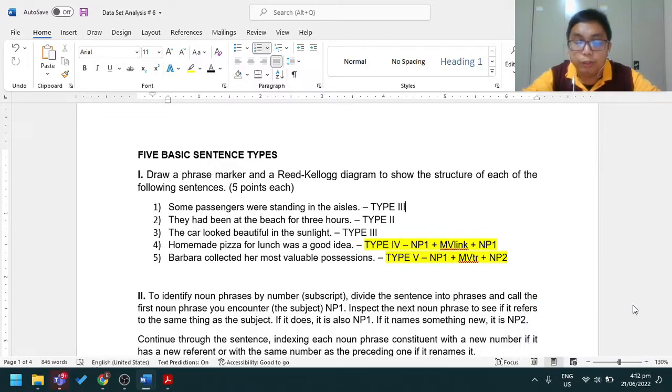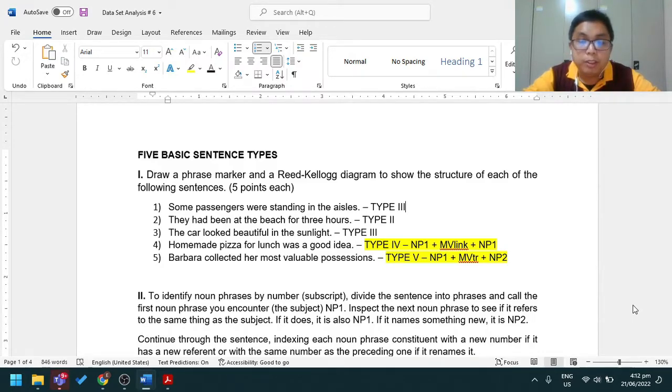And again, for lunch is a modifier of homemade pizza there, but still is under NP1, followed by was, which is a linking verb, and then finally you have a good idea, which is still another noun phrase, but it coincides with the first noun phrase, which is homemade pizza for lunch. Okay?